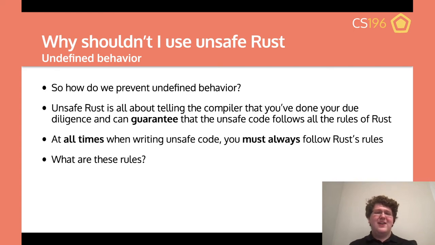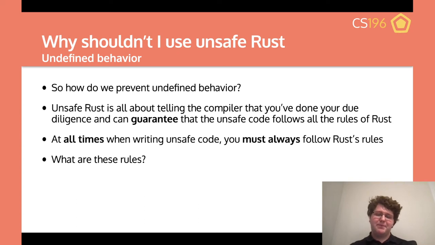So, in summary, how do we prevent undefined behavior? Well, Unsafe Rust is all about telling the compiler that we did our due diligence, and we guarantee that the unsafe code always follows the rules of Rust. At all times when we are writing unsafe code, we are following Rust's rules. We need to tell it, we did your job better than you did, Rust compiler.